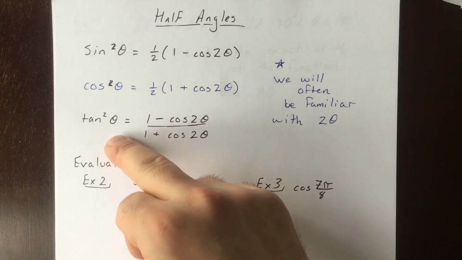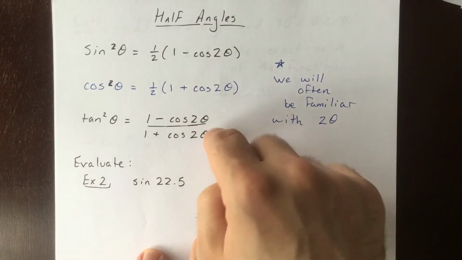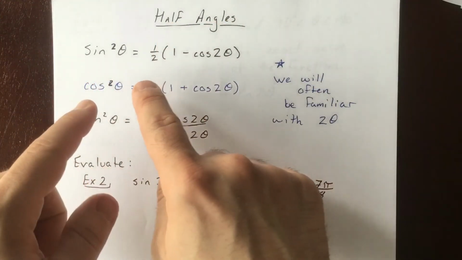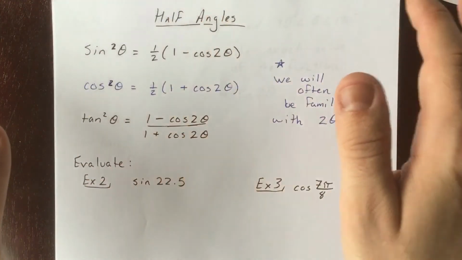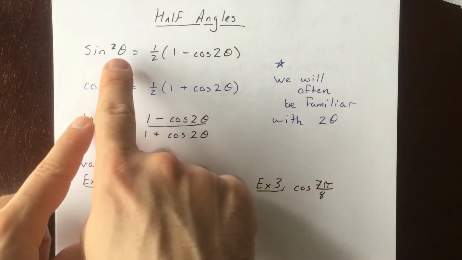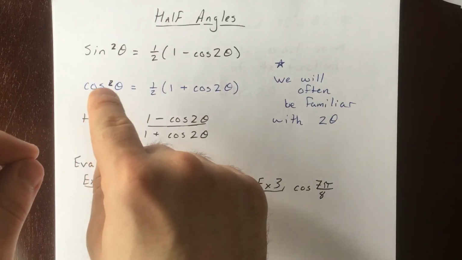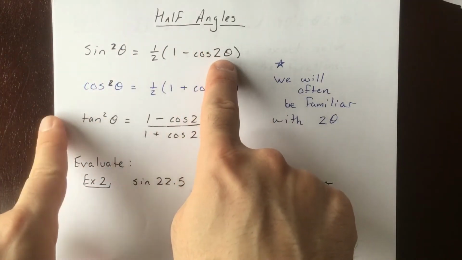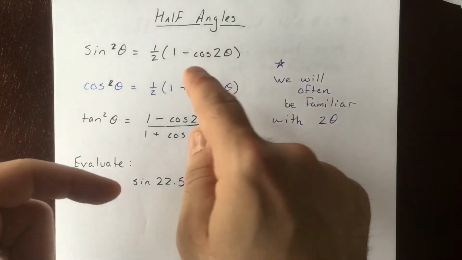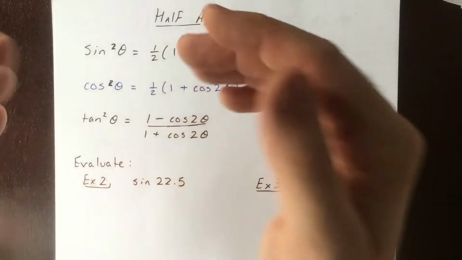And tangent, knowing tangent's just sine over cosine, you can see how we got that formula. You're probably wondering, it's called half angles, why am I not seeing theta divided by 2 anywhere? What will happen is this theta will be our half angle, because 2 theta we will often know, which makes the computation here much easier.